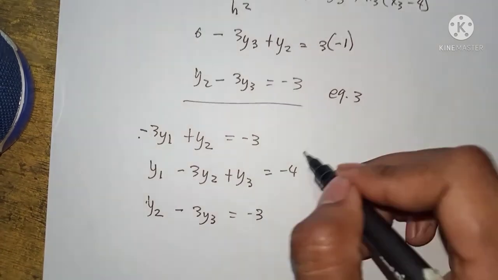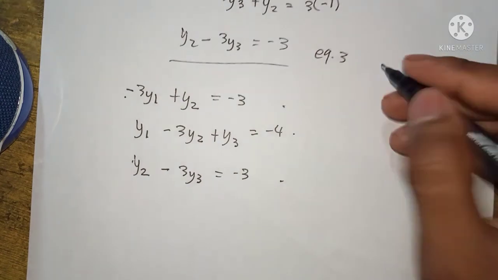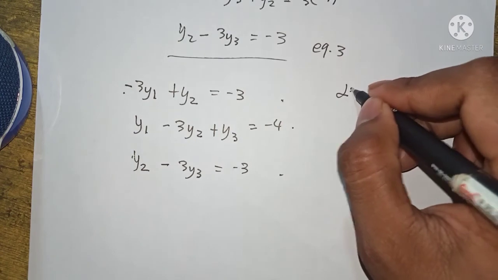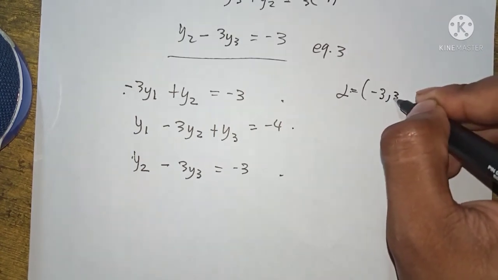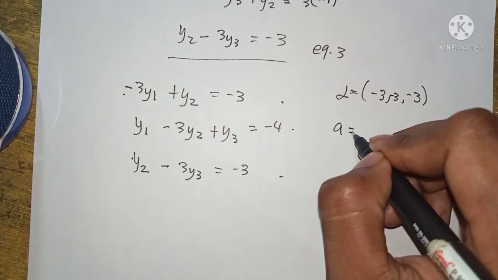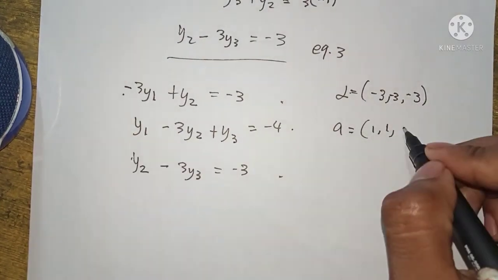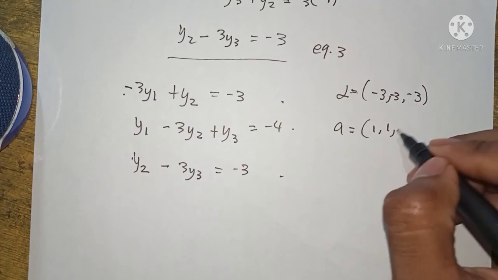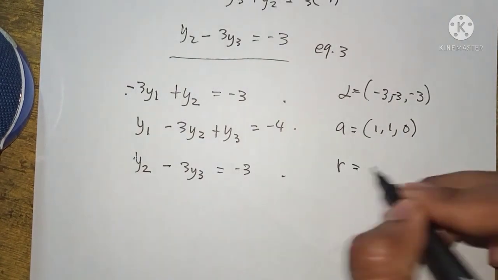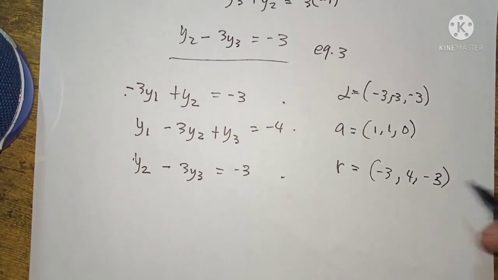These are equations 1, 2, and 3. Using the tridiagonal system, the diagonal values are negative 3, negative 3, negative 3, the off-diagonal a values are 1, 1, and the r values are negative 3, negative 4, negative 3.